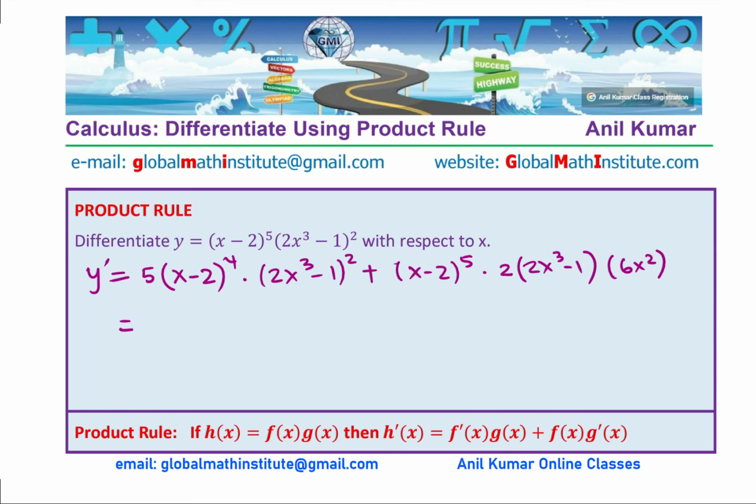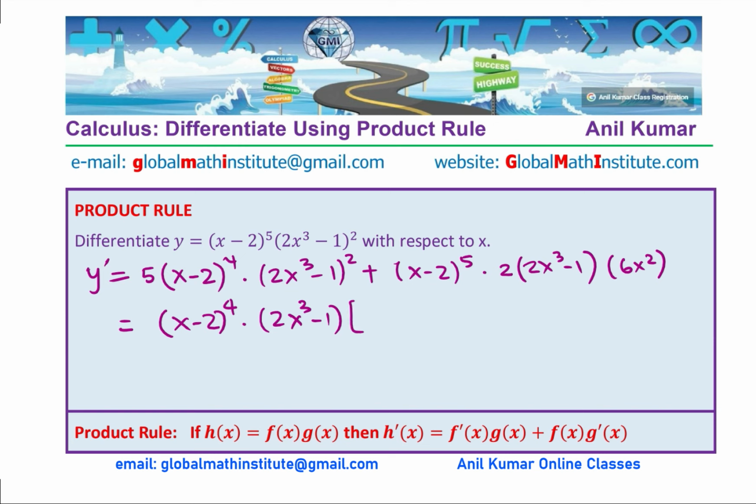Correct? Now see what is common between the two. So we have (x minus 2) to the power of 4 common. As far as numbers are concerned, since we have 5 here, the numbers are not common at all. So let's take (x minus 2) to the power of 4. And we have (2x cubed minus 1) also common.